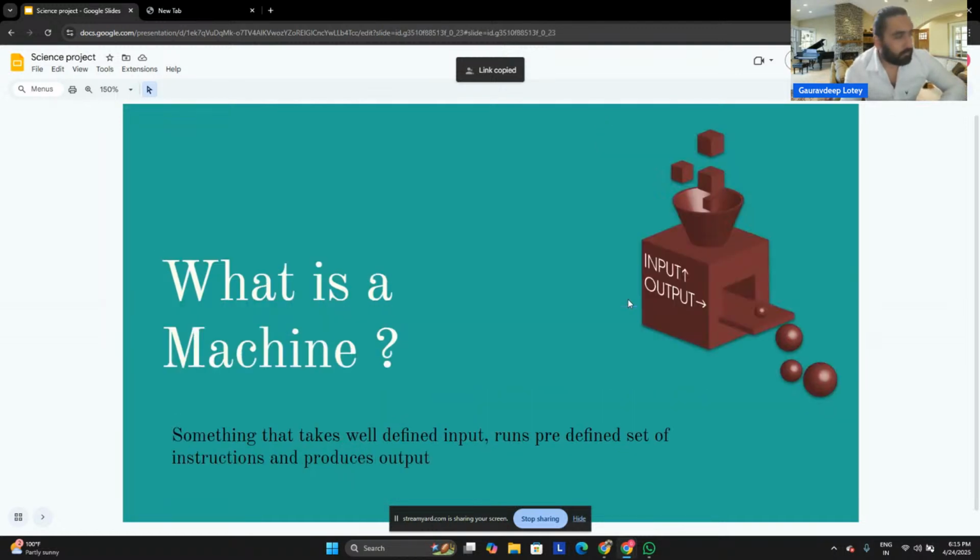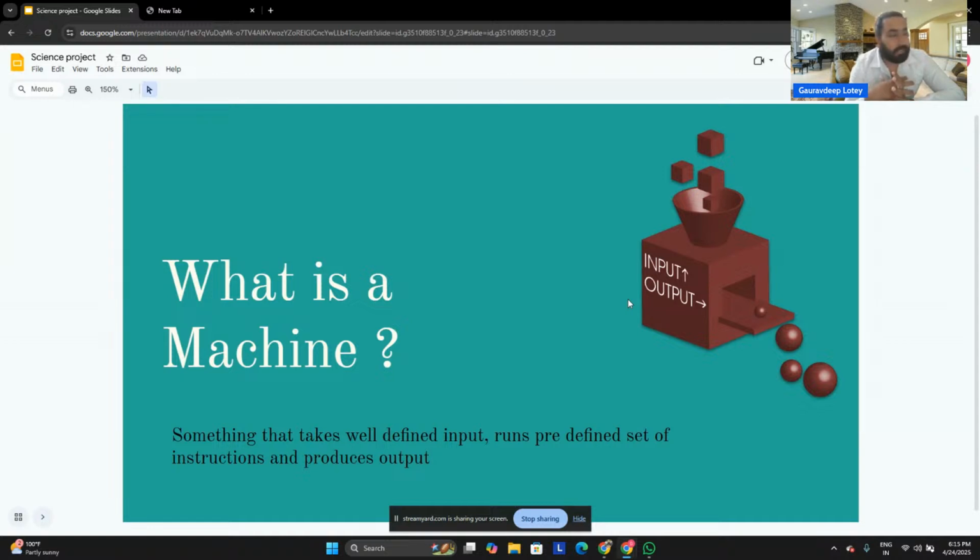Right. So let us first talk about what is a machine or a function. Now, this is very important. In fact, if someone asks me what was the most important thing that helped me learn machine learning or AI, it would be the very basic definition of what a machine is, right?